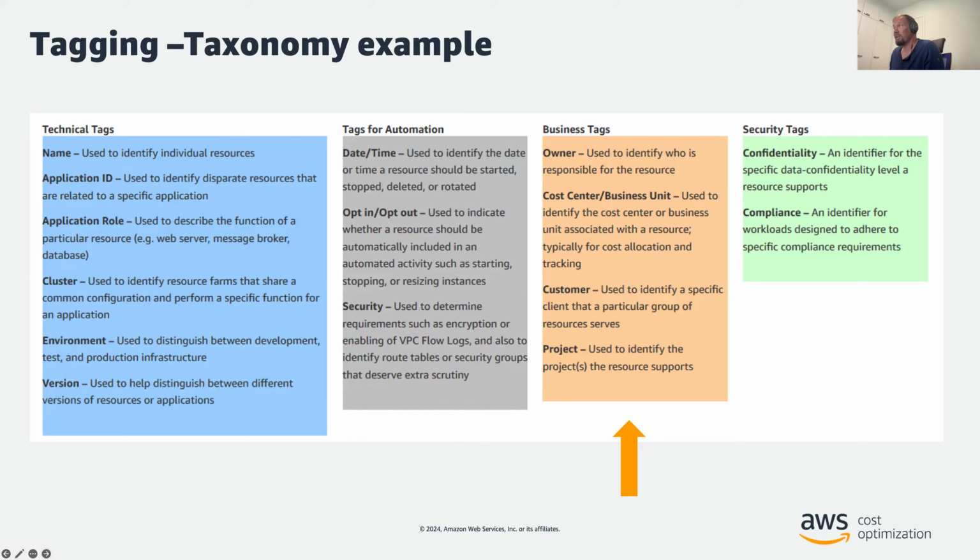So there are technical tags, which you would put in place yourself. Tags for automation: you might have some automation that turns off your instances at a certain date or time, or opt-in, opt-out. That would be something like backups enabled, true or false.